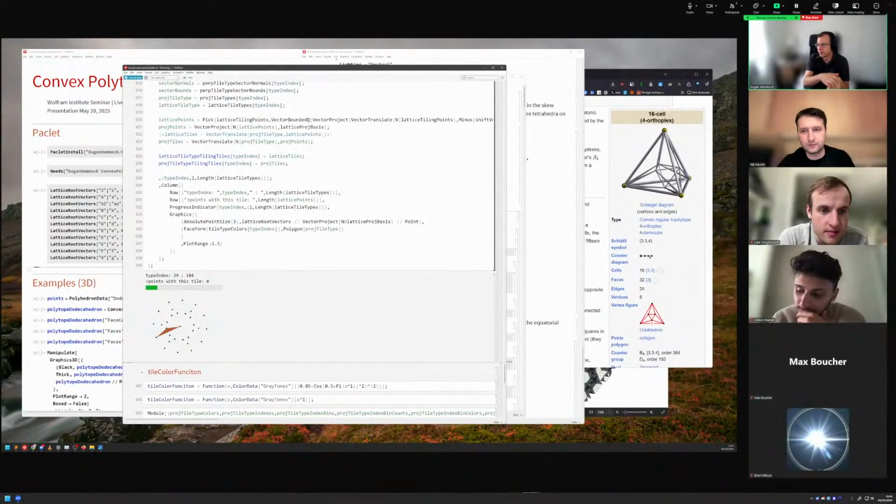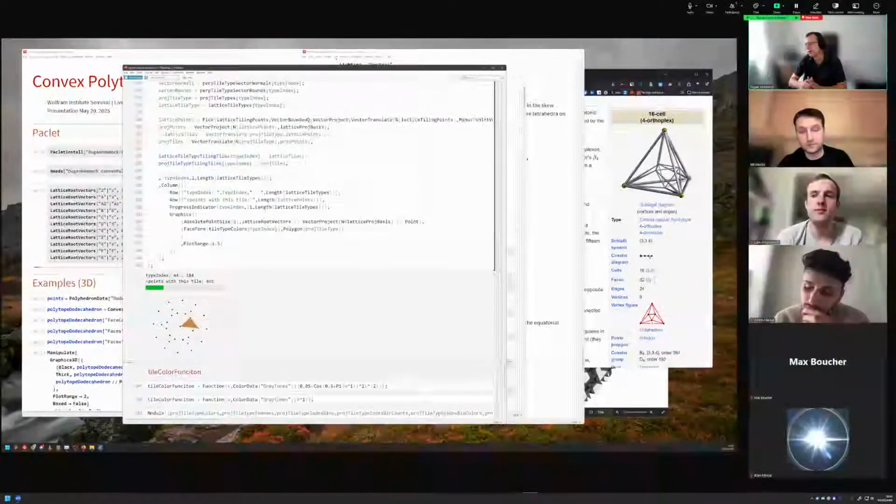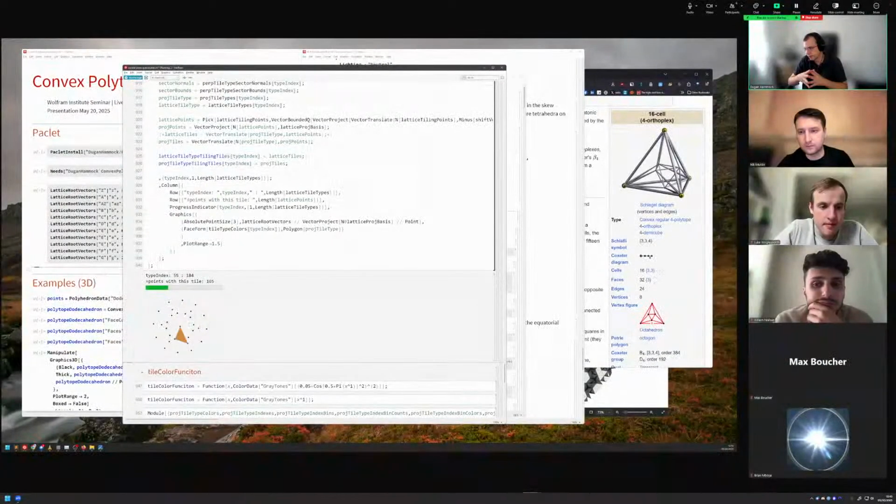This is going through each tile type one by one and computing which vertices have that adjacent to it. In this example, there are 184 different tile types.